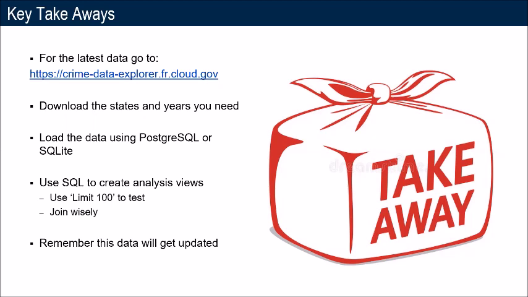And if you are going to use SQL, there's lots to know about SQL, but the two big things are use limits when you're iterating and join wisely. And again, remember that this data is going to get updated. So if you're going to publish on it, be mindful about how you report when you downloaded it, and if you want to see updates, check the site again.